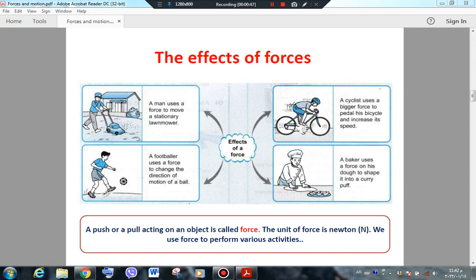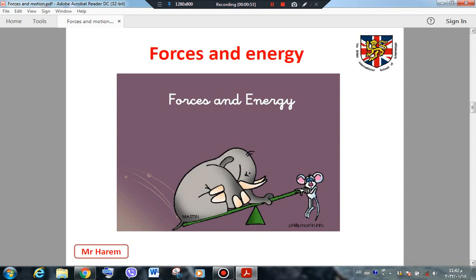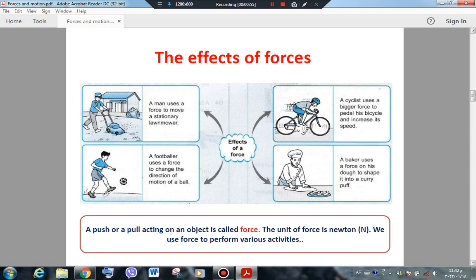So this lesson is a new lesson of science. We will start with forces and energy, but first we need to make a review of the previous lesson. So please tell me or write down what forces you've studied previously, and tell me the facts that you know about it.